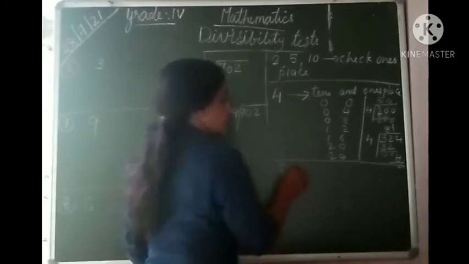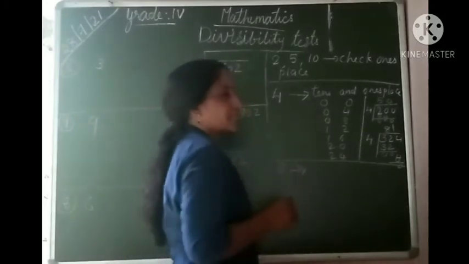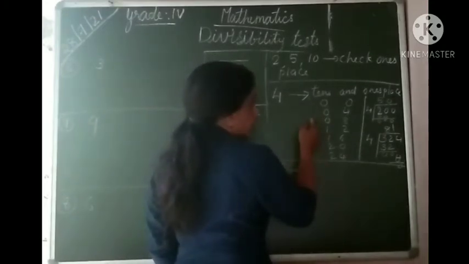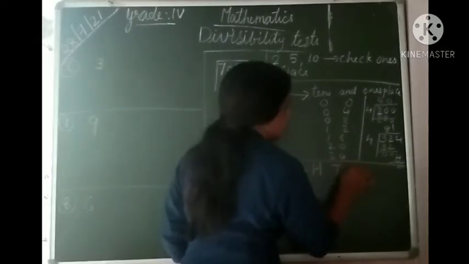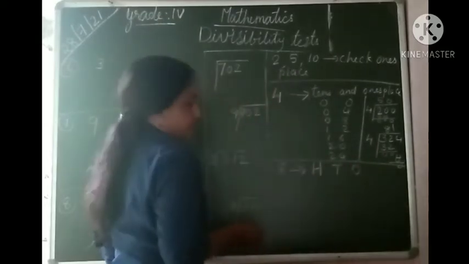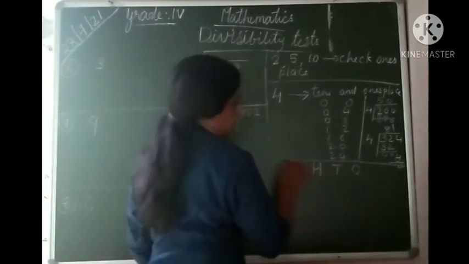Understood? In the same way, for 8 we also check places. For 4 we check 2 places, but here we check 3 places: ones, tens and hundreds.